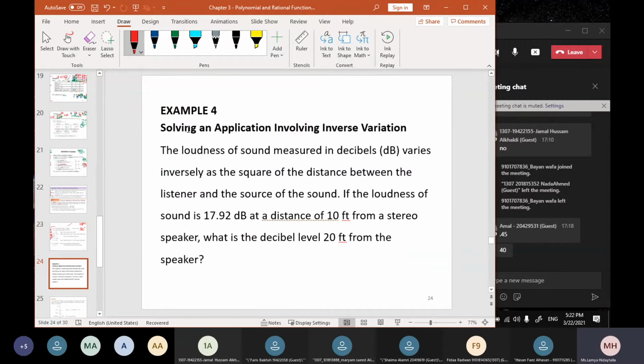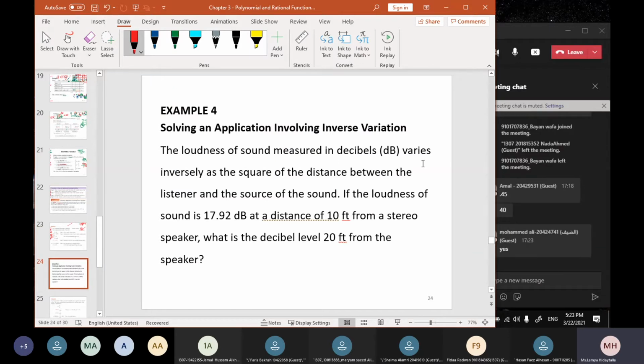Okay. Another example. The loudness of a sound measured in decibels varies inversely as the square of the distance between the listener and the source of the sound. The loudness, let's give it any letter, measured in decibels, varies inversely.